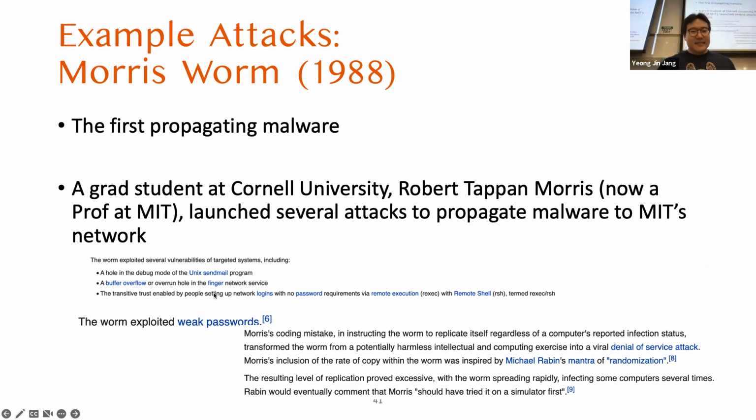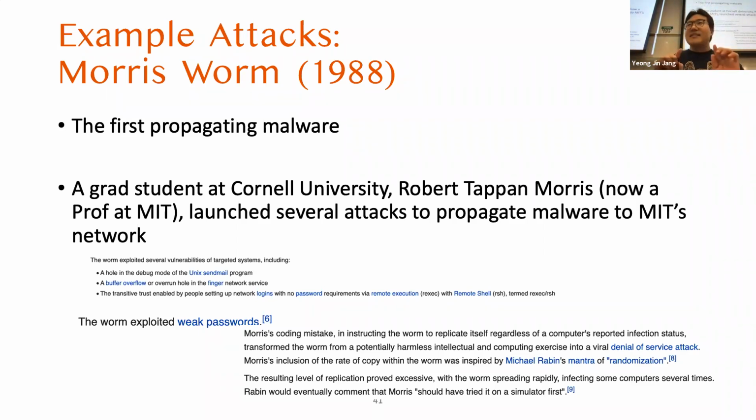And the interesting thing is that they exploited a buffer overflow vulnerability in fingerd, and some other setup-related issues, and they also tried to steal weak passwords. Yeah, so those are the attacks that the original Morris worm did.